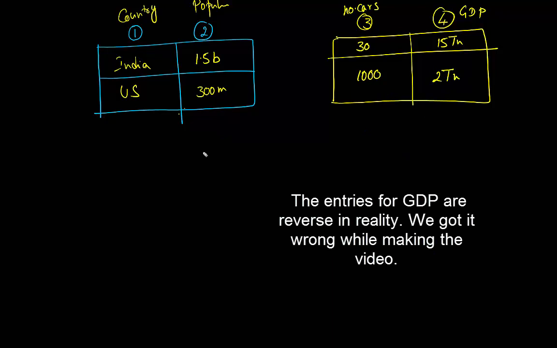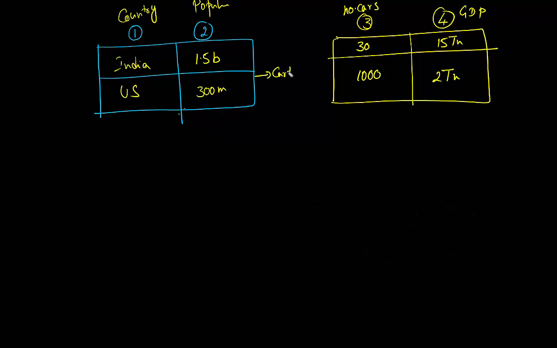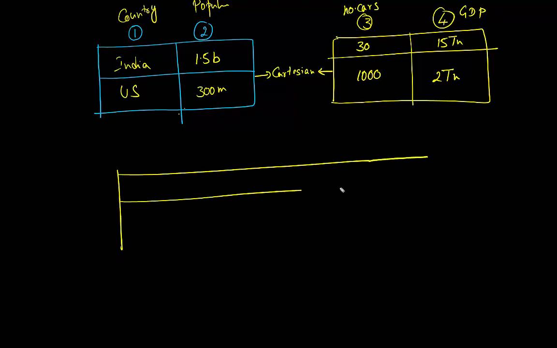What is meant by a Cartesian product? A Cartesian product basically gives you all possible combinations. So it has 4 rows, again a very flat structure, which is good.